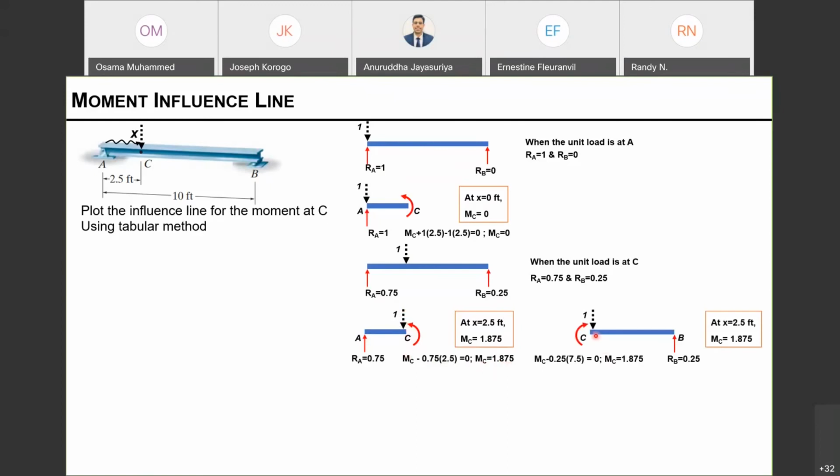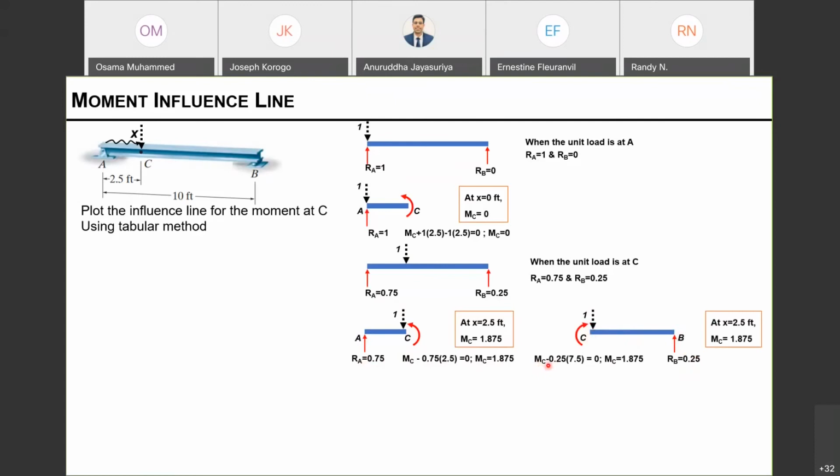Now I need to look at the right-hand side of the cut. On the right-hand side of the cut, the moment is positive. The applied load is right on top of C. And here the support reaction changes from the left-hand side, so we have 0.25. And then I write the equilibrium equation for the moment.